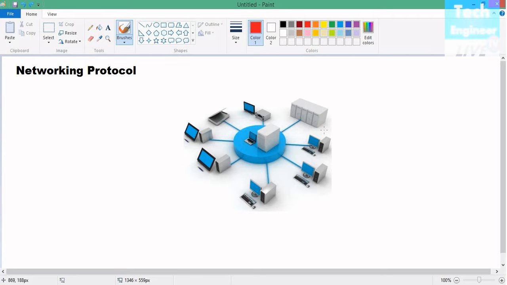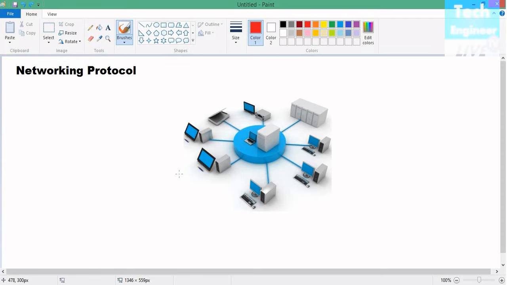The thing that is very important in networking is the communication type and the protocol. Two things are very important in the network: how the network is able to communicate. In the communication type, we encounter the topologies, whether it's bus, star, tree, hybrid or mesh.